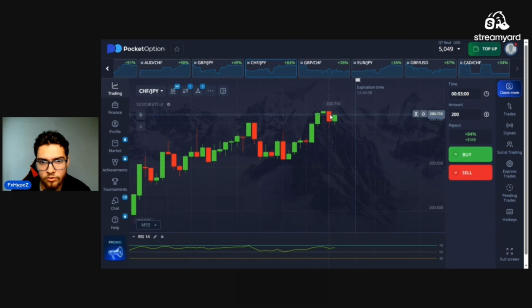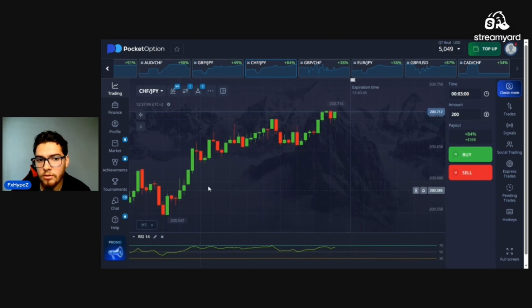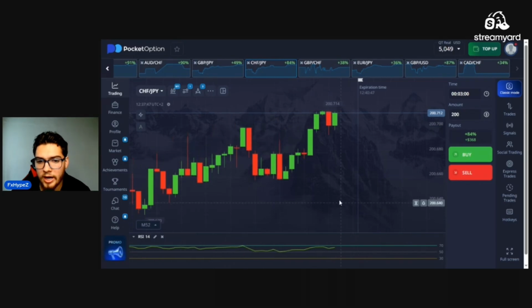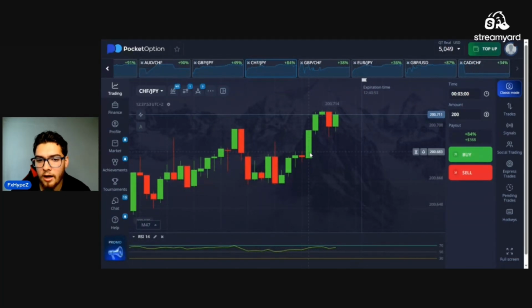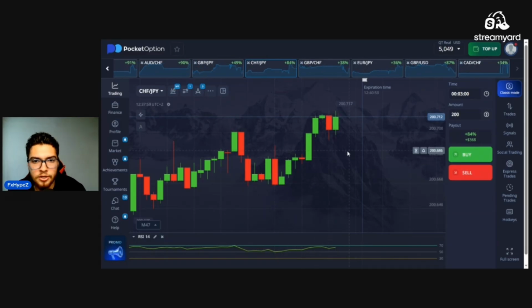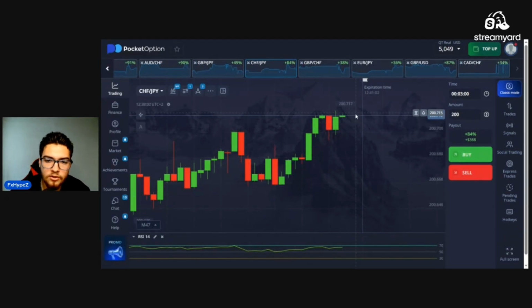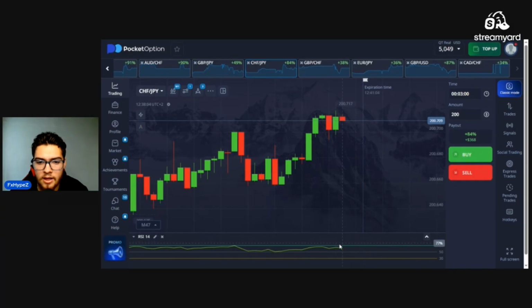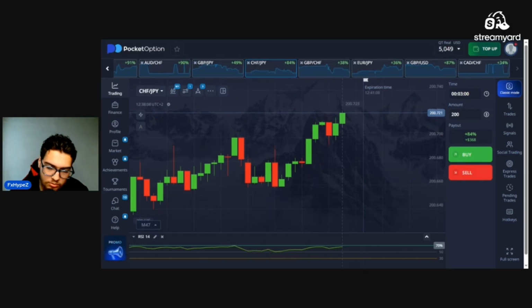We got a break of structure right here, and we've got that mismatch between price and the RSI. Okay, they're not moving in sync. The RSI is forming lower highs. So I'm going to look for a trading opportunity here. If price does continue to climb higher and the RSI does break the bearish divergence, I will obviously move on.